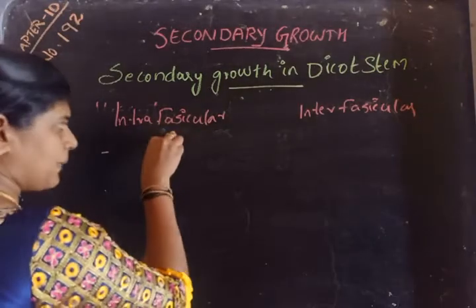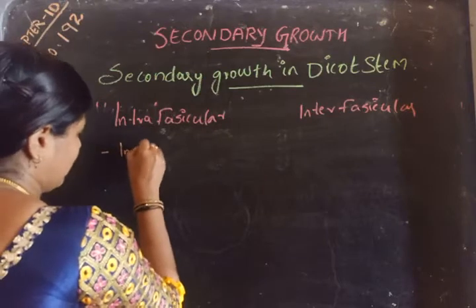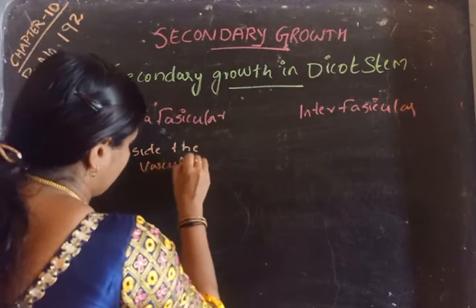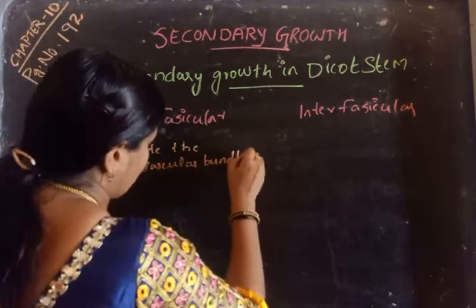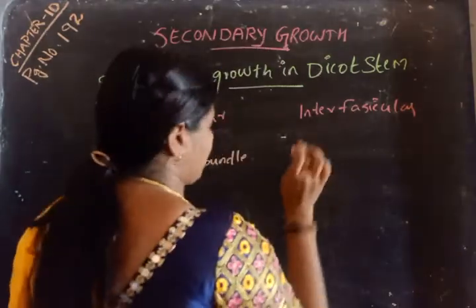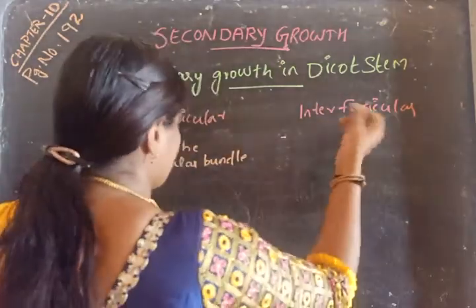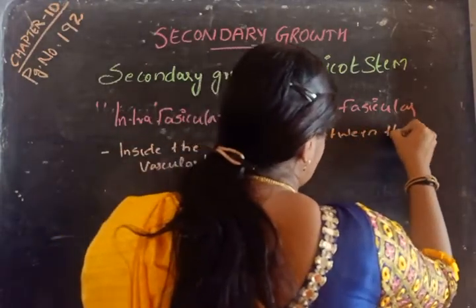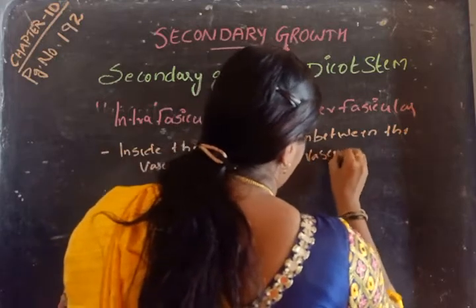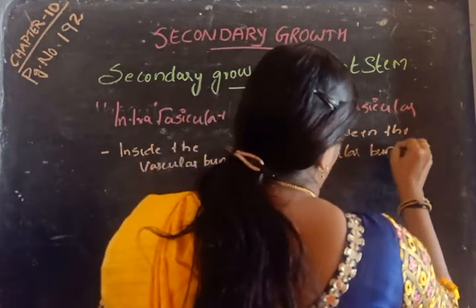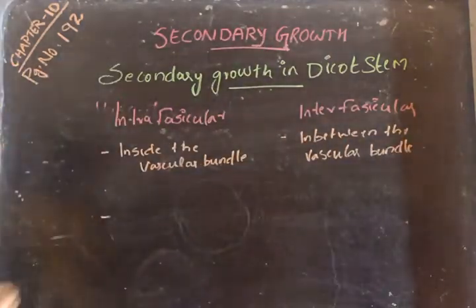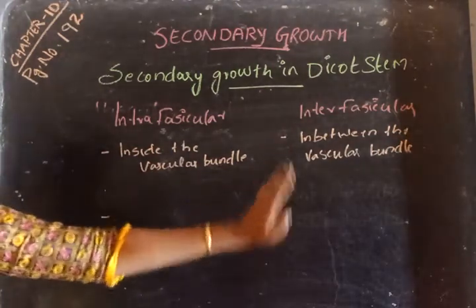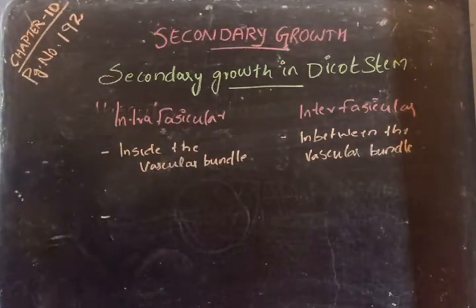So, in intrafascicular cambium, the cambium is present inside the vascular bundle, whereas in interfascicular cambium, the cambium is present in between the vascular bundles.